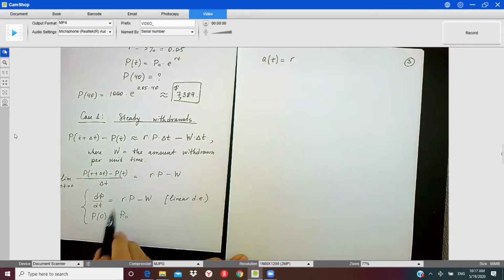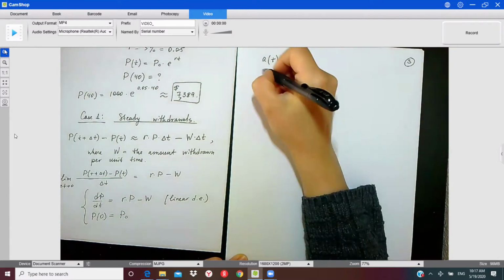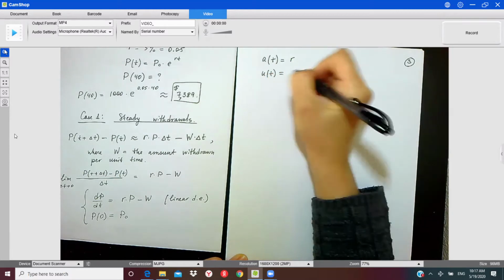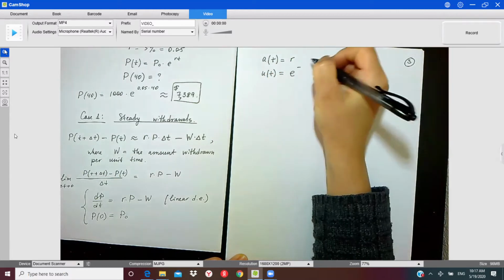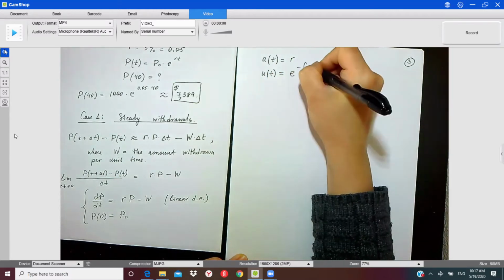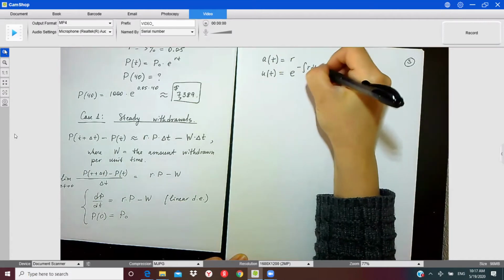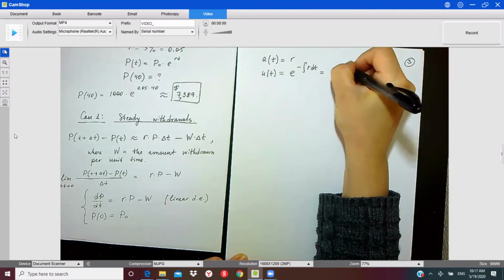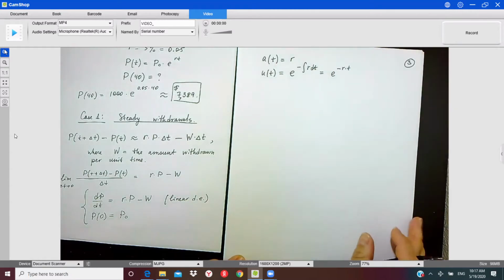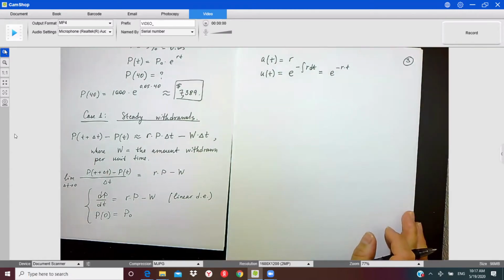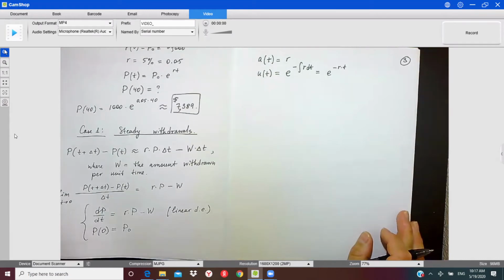r, the number in front of p on the right-hand side, it's r, and that means u of t, the integrating factor. The formula is e to the negative integral of a of t dt. So we get e to the negative rt. Do you agree with this so far? Yes.